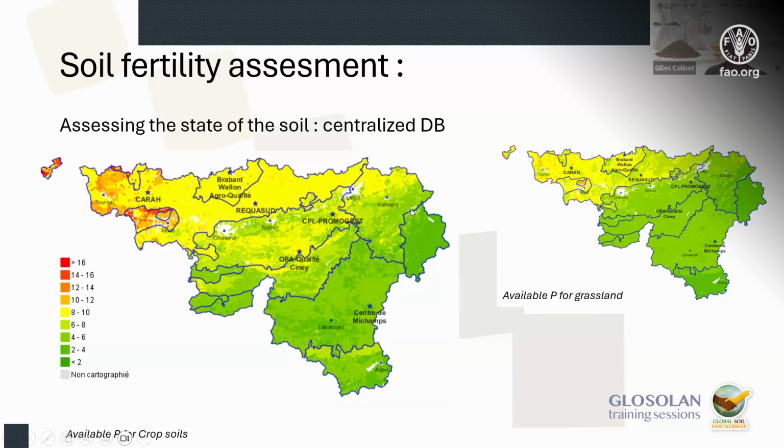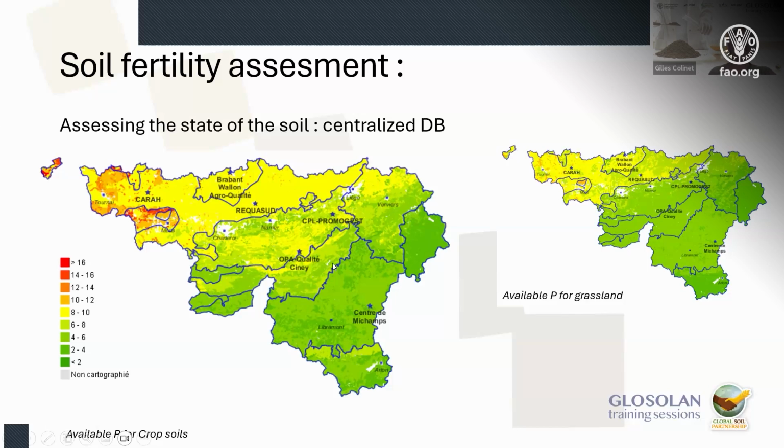We have one laboratory in every province that is making analyses for agriculture, for the farmers, and they are all in a network in which we work, and they all gather the results of the analyses into one centralized database, and we can use this database.